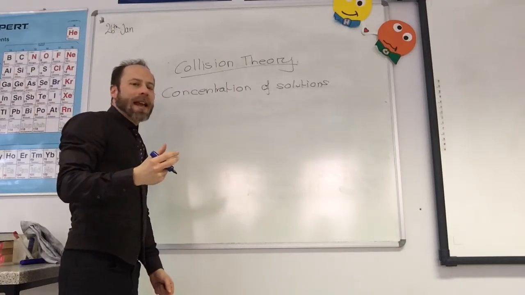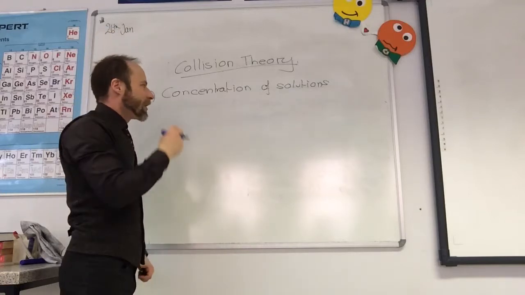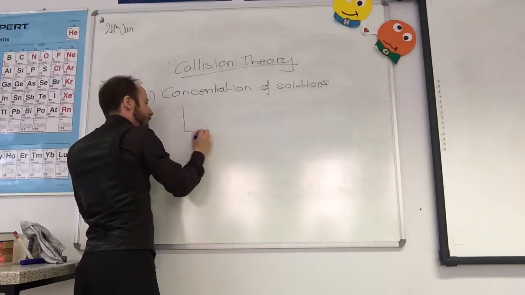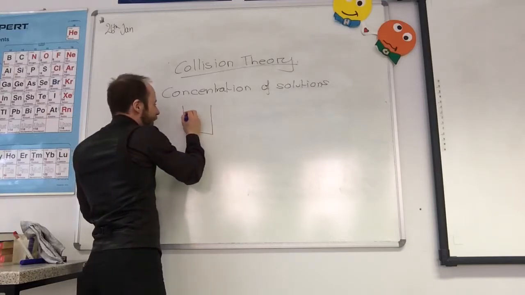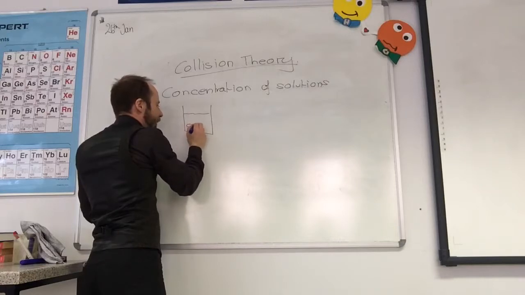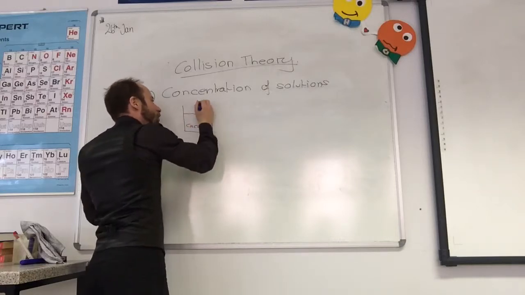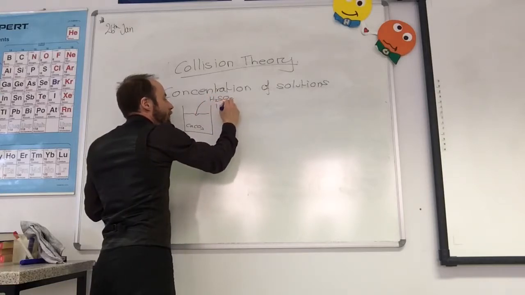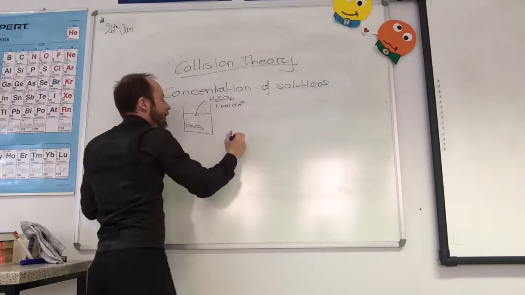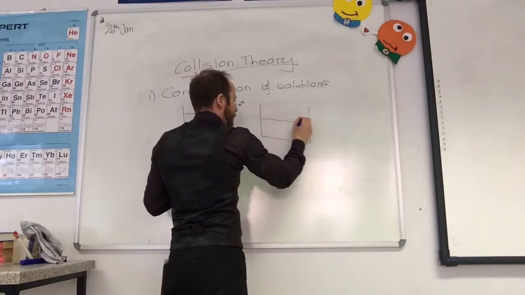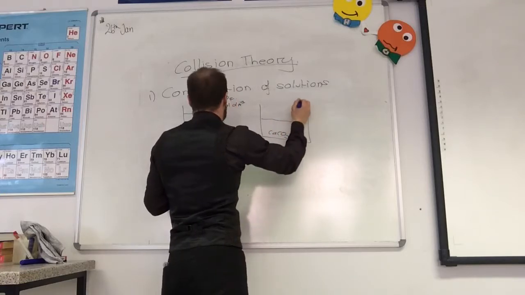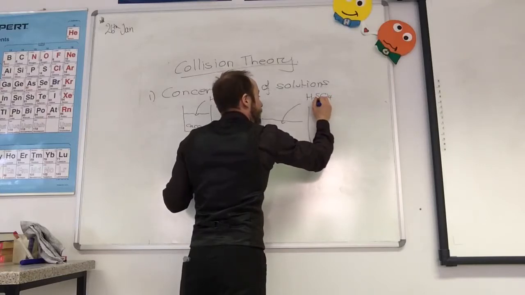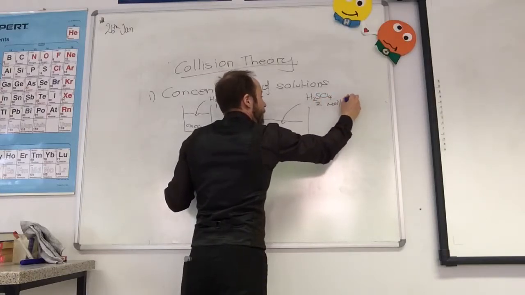Well, in our example with calcium carbonate and sulfuric acid, if I've got my little beaker, and in my beaker I have my calcium carbonate, and I have a concentration of sulfuric acid being 1 mole per decimeter cubed, and I have another beaker which also has calcium carbonate in there, and the sulfuric acid I'm going to add is now 2 mole per decimeter cubed.